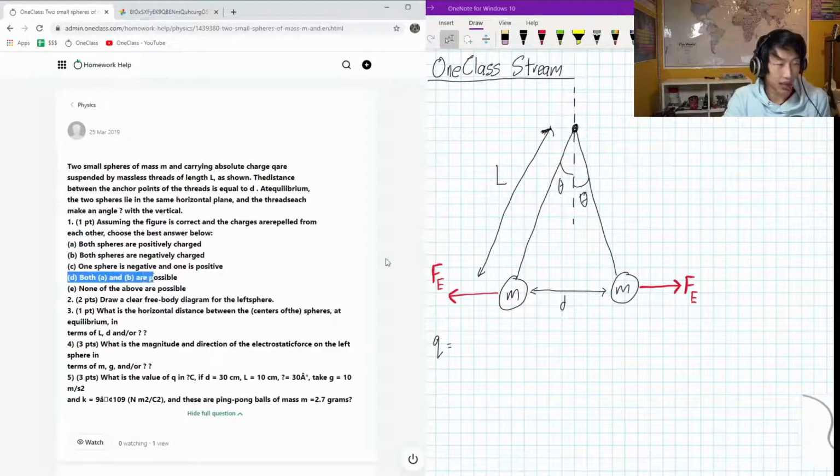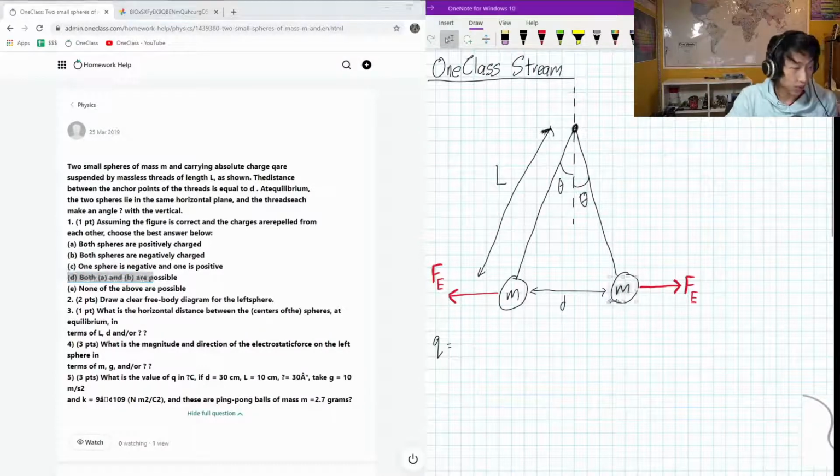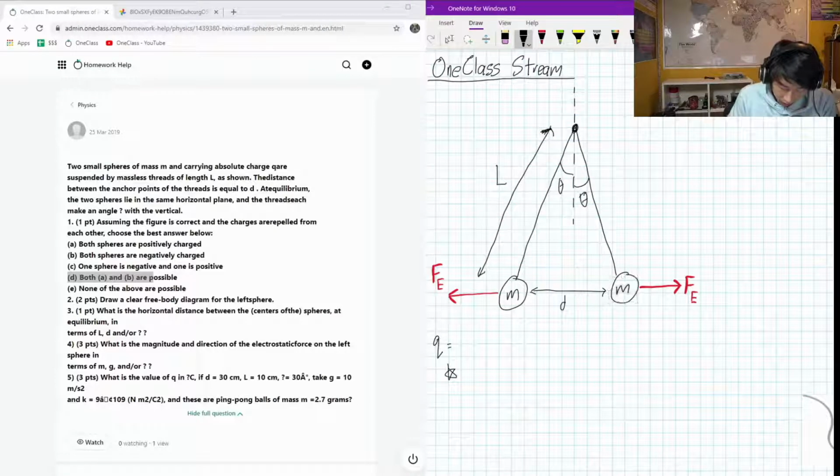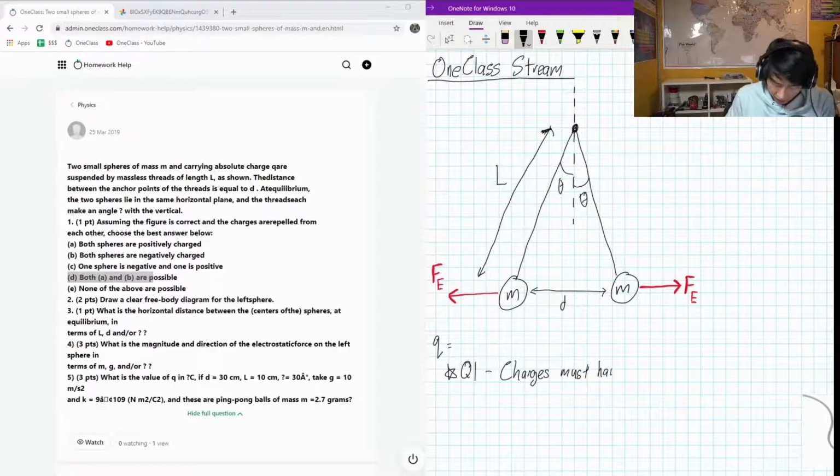D, saying that the charges are going to be the same sign. Okay, cool. So that addresses part 1. I'll just write that out real fast. So Q1 charges must have the same sign to hold this position.